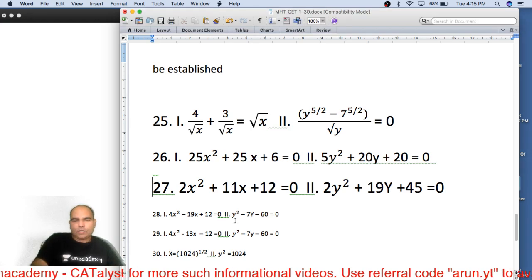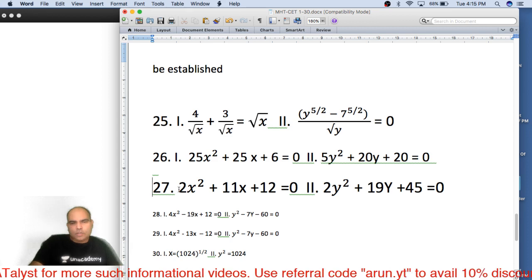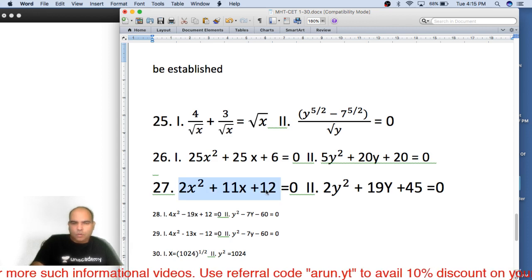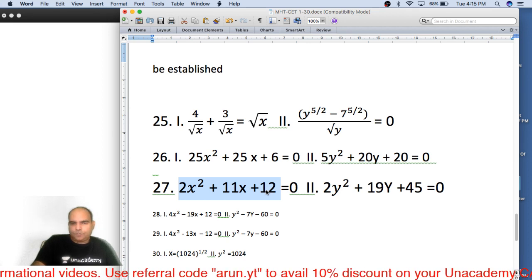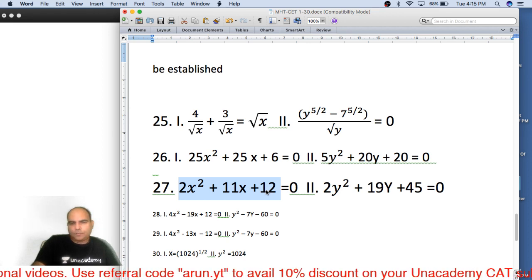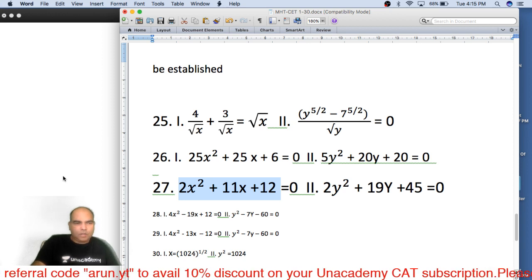So 27x square, and sometimes you should also try to do this question using your splitting of the middle term logic.